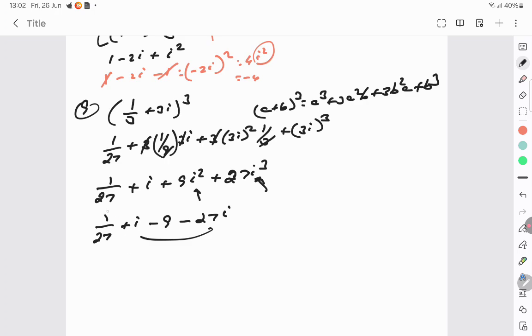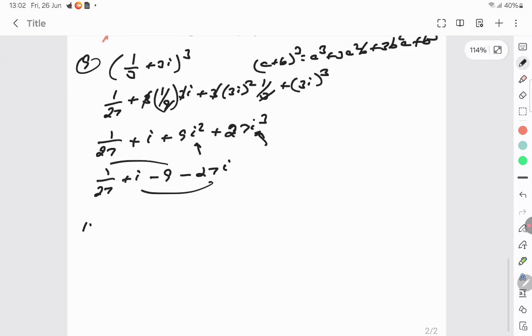Solve the imaginary and imaginary and the real and the real. Write your answer.